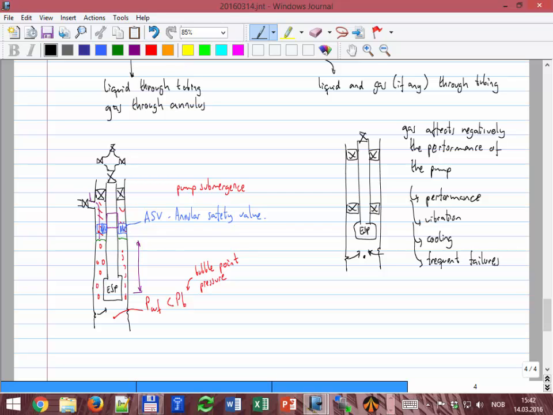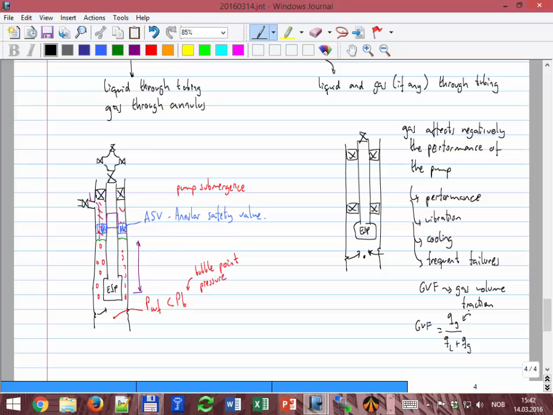And usually a number that you use to say what we can accept at the suction of the pump is the GVF, gas volume fraction. This is the local rate of gas divided by the rate of liquid plus the rate of gas.